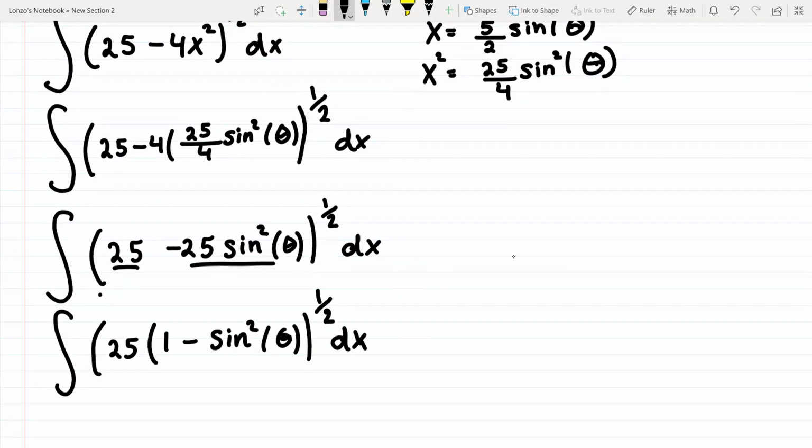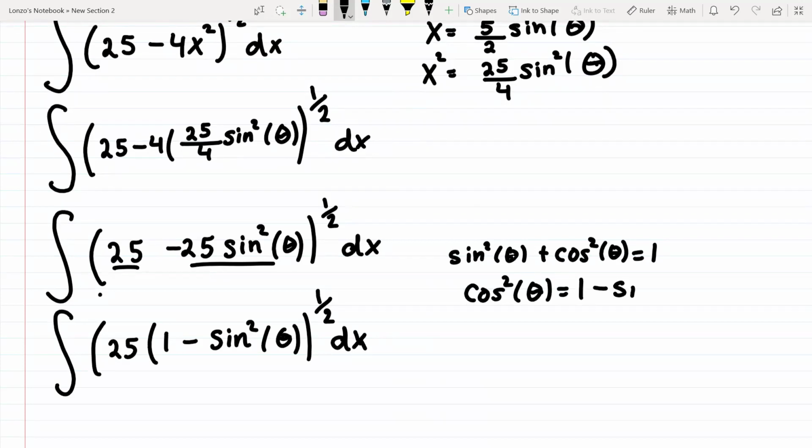Now, is there any other substitution we can use? Yes, we can use one of our Pythagorean identities. So this 1 minus sine squared is related to one of our Pythagorean identities, sine squared theta plus cosine squared theta equals 1, right? So all you got to do is subtract sine squared theta from both sides, so you get cosine squared theta equals 1 minus sine squared theta.